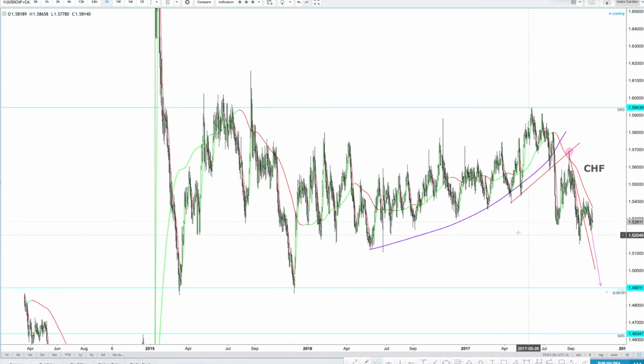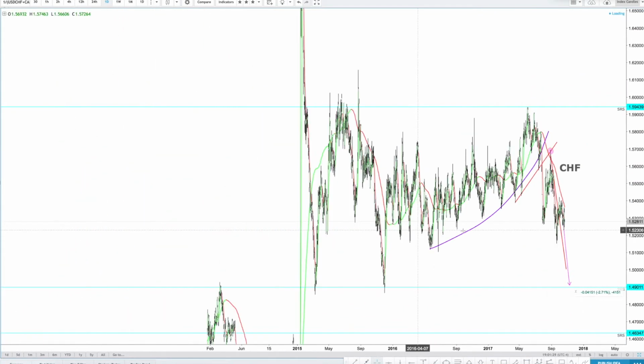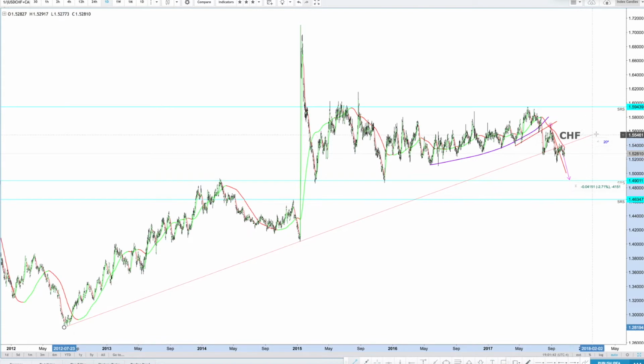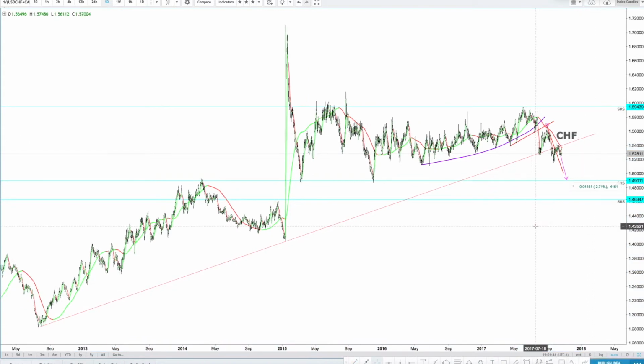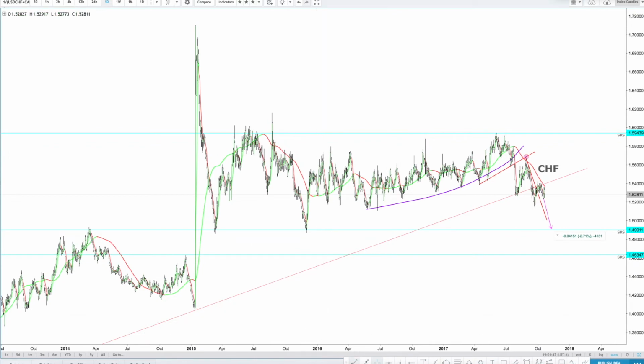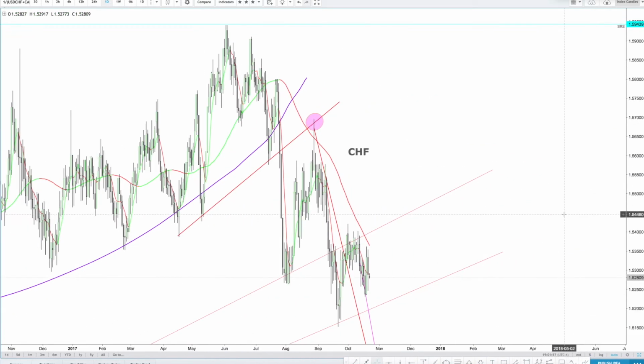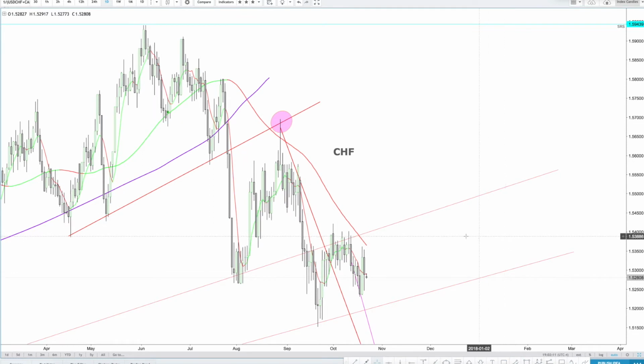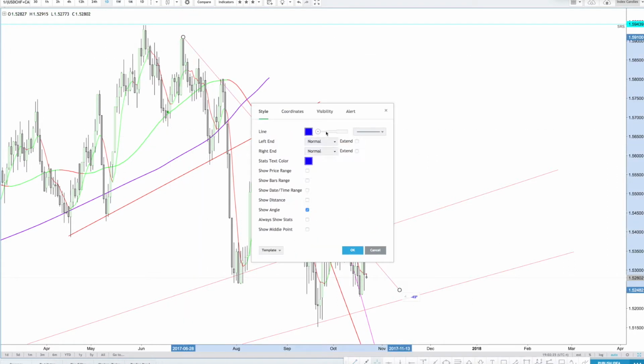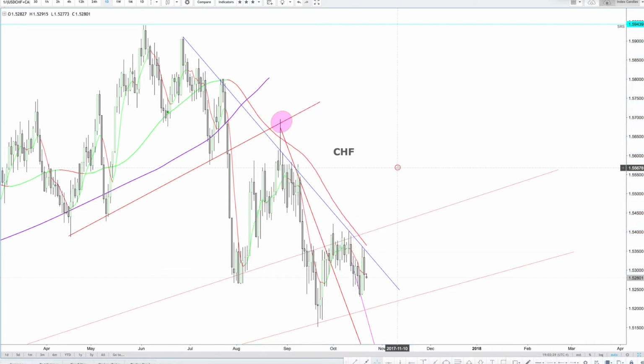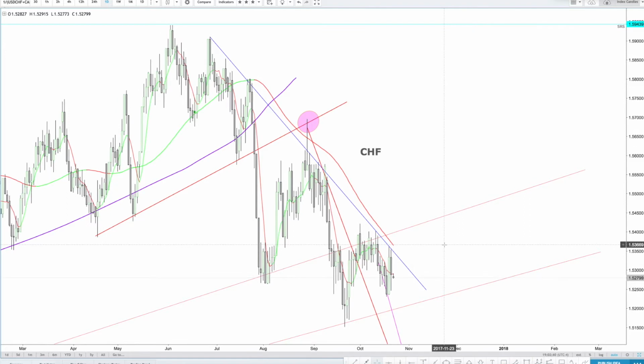Let me look. Oh, right down there. All right. We have a different color for you, like this. But for now, Swiss franc, I'm gonna remain bearish. So CHF down. All right.